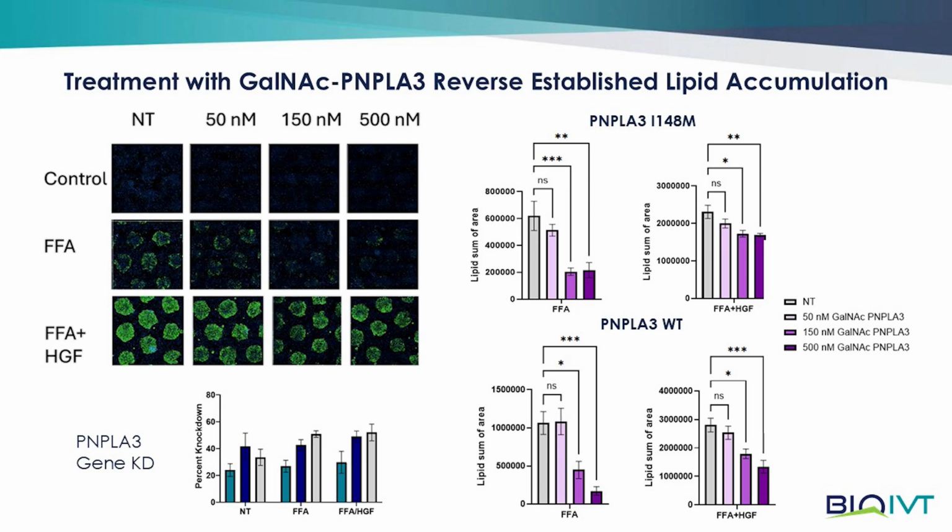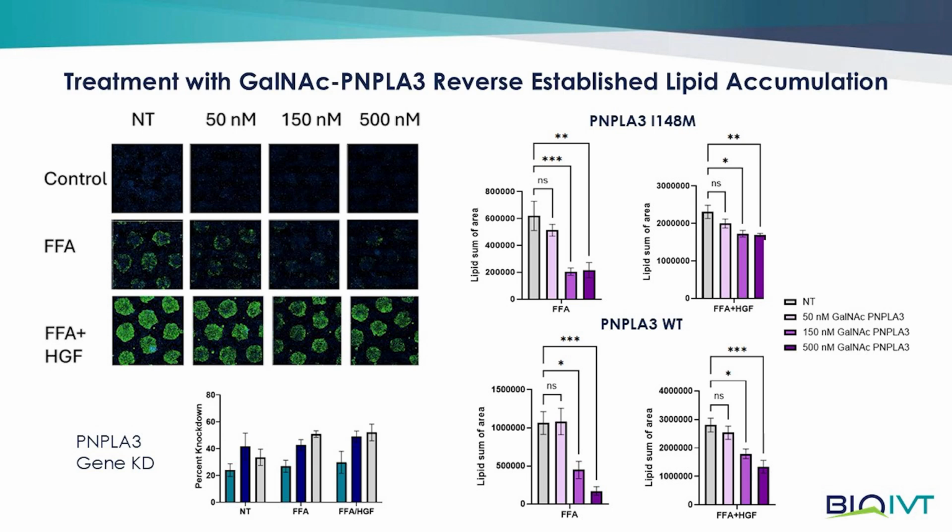For these studies, we used escalating concentrations of that GalNAc PNPLA3 siRNA, and we're able to reverse the established lipid accumulation. Looking at the free fatty acid in the middle or the combination of free fatty acid and high glucose fructose, we did see a concentration-dependent reduction in the lipid accumulation, as well as a somewhat concentration-dependent increase in PNPLA3 gene knockdown.